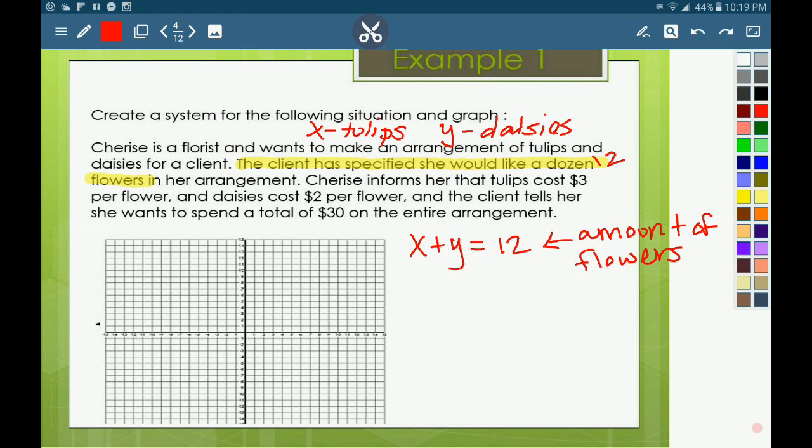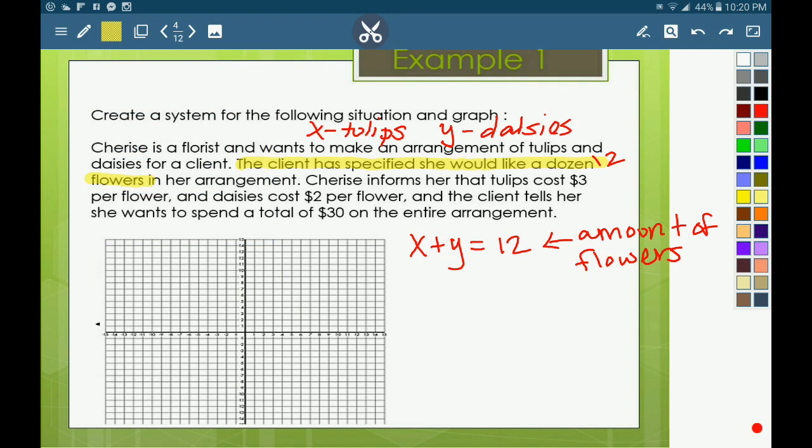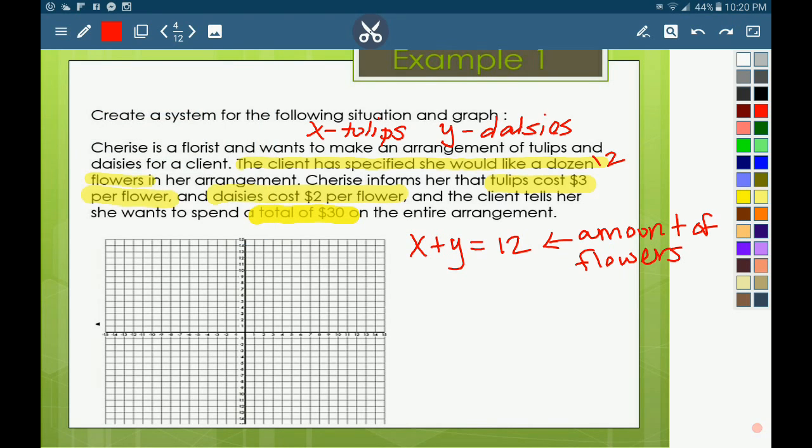Now, the next equation we're going to create is going to have to do with money. So the sentences that hold the numbers we want here, I see tulips cost $3 per flower, daisies cost $2 per flower, and they want the total bill to be $30. So let's create an equation that shows us the total cost.